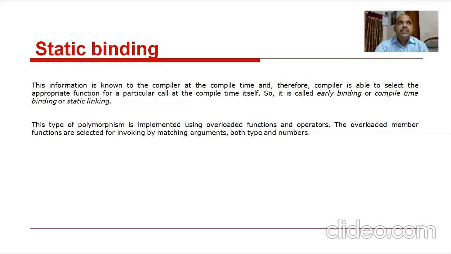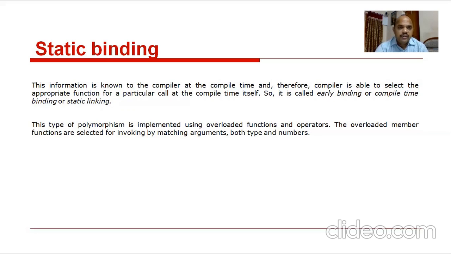So changes occur early; that is called early binding or static binding. This information is known to the compiler at the compile time, and therefore the compiler is able to select the appropriate function for a particular call at the compile time itself. So it is called early binding or compile time binding or static linking.